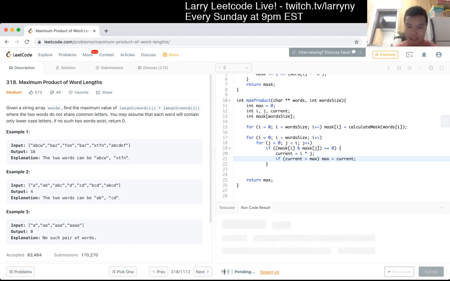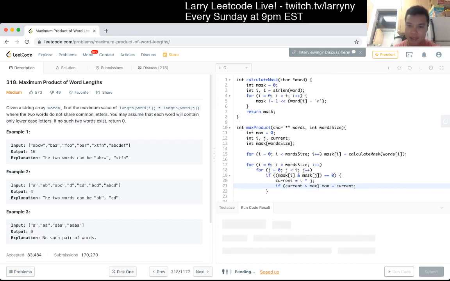Maybe I should print out some debugging if I knew that this was going to hang up a little bit. Oh my.